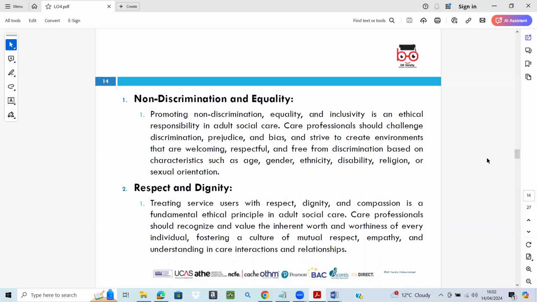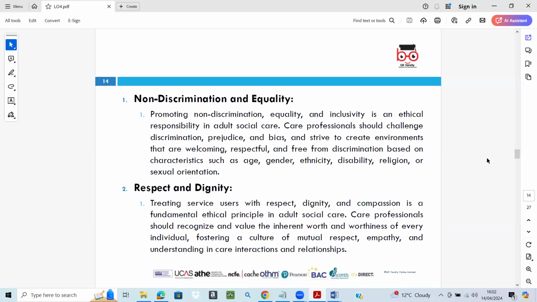Now we have respect and dignity. Treating service users with respect and dignity means recognizing their inherent worth and ensuring that they recognize what their values are.